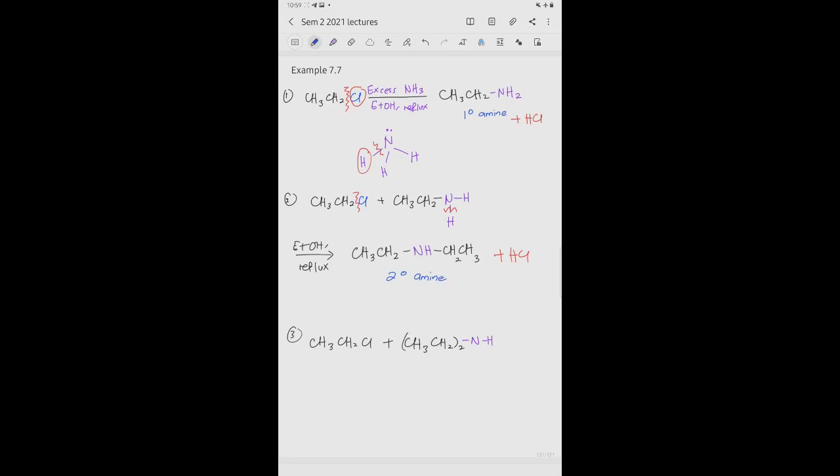Now let's go to reaction number 3. Under reaction number 3, the bond will still break between the CH2 and Cl. We still have chloroethane there. Now in the amine structure, if we expand it a little bit, we actually have a secondary amine, which is CH3, CH2 bonded to N, and then the N is bonded to CH2, CH3.